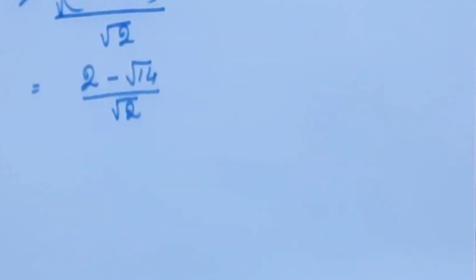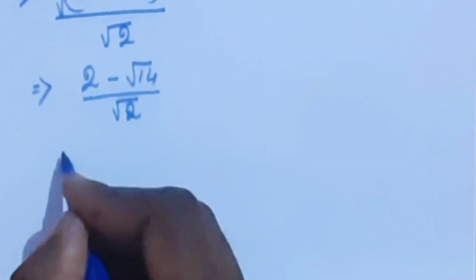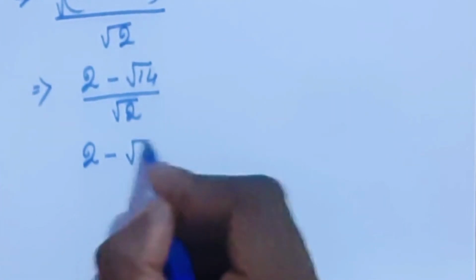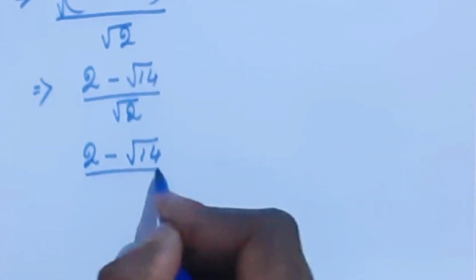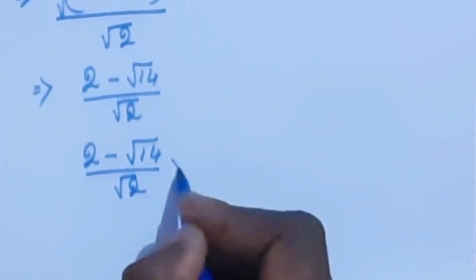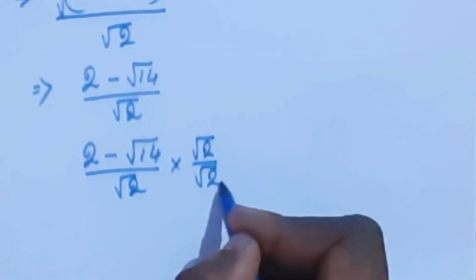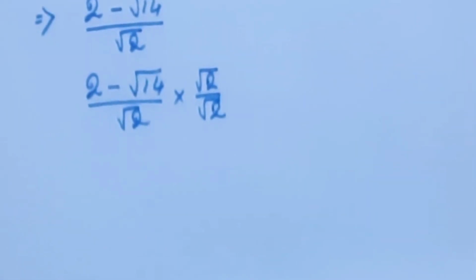Now we are going to multiply with square root of 2. 2 minus square root of 14 by square root of 2 times square root of 2 by square root of 2. Now this we are going to multiply here.